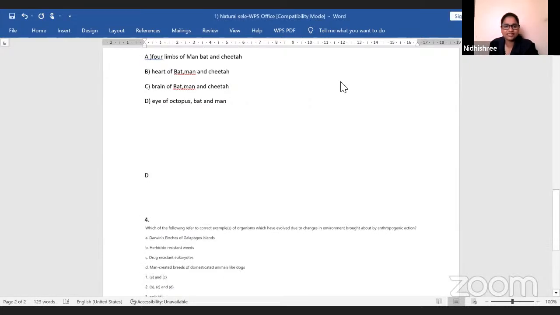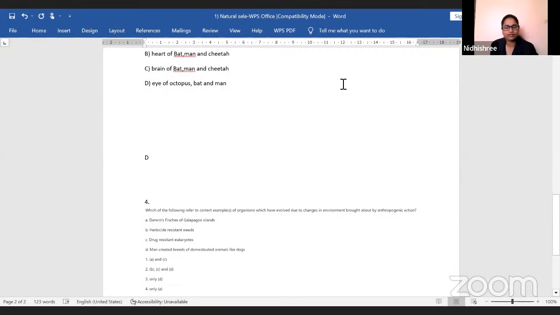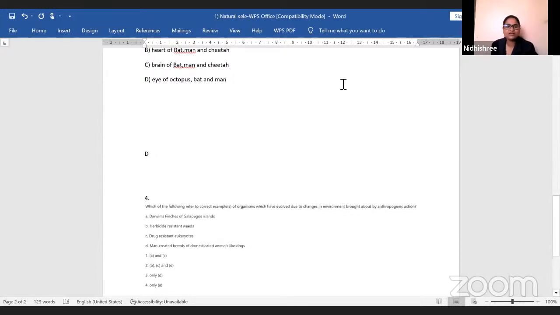Fourth question goes like this, guys. Which of the following refer to correct example of organisms which have evolved due to changes in environment brought about by anthropogenic action, that is human action. A, Darwin's finches of Galapagos Islands. B, herbicide resistant weeds. C, drug resistant eukaryotes.